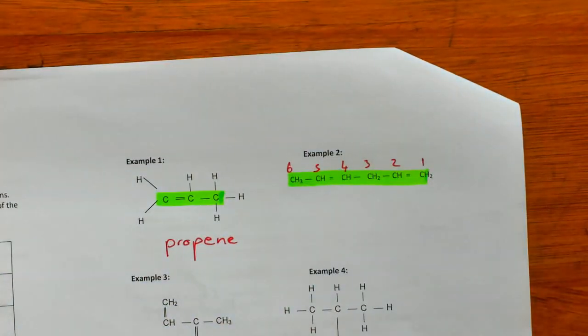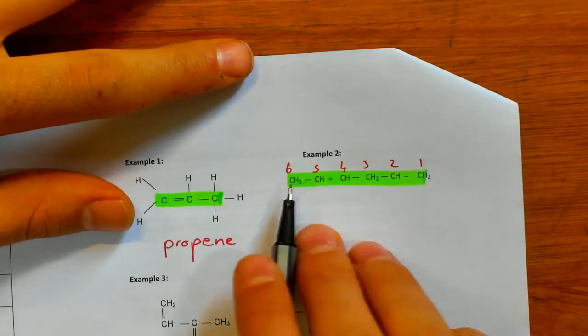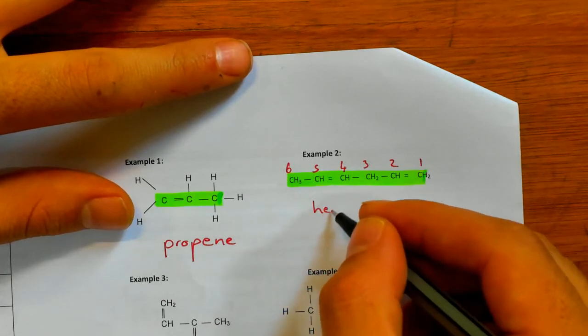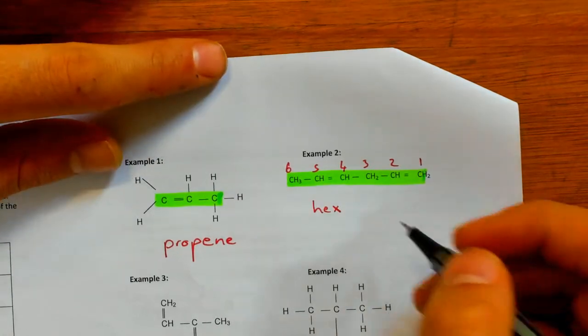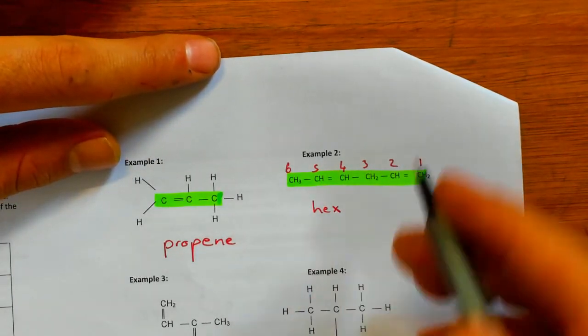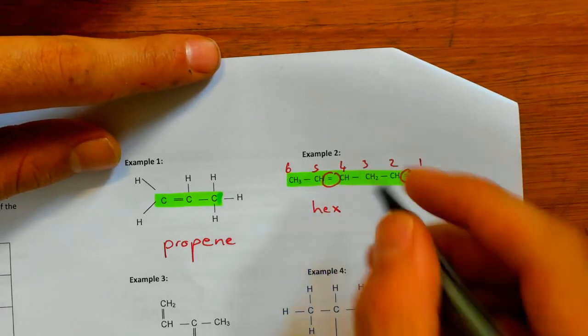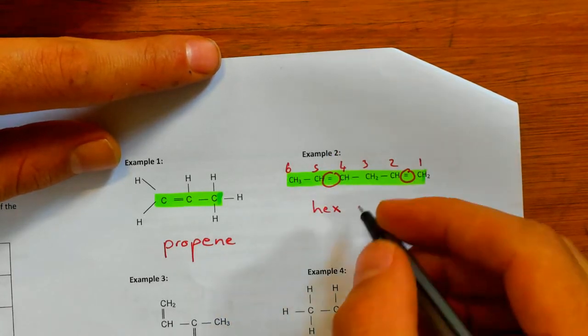Let's finish just this example, then we'll take the break. Then let's get to naming. It's 6, so it's going to be hex. Then, where are the double bonds located? There and there. So on carbon number 1 and on carbon number 4.